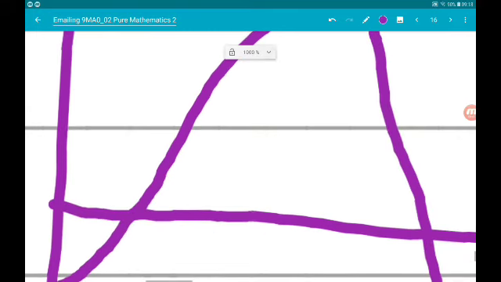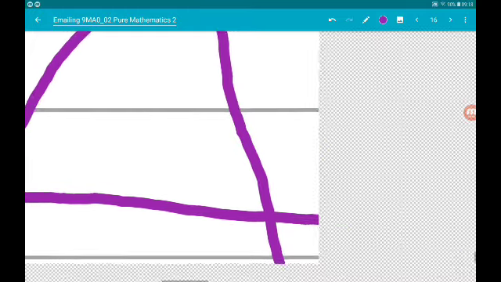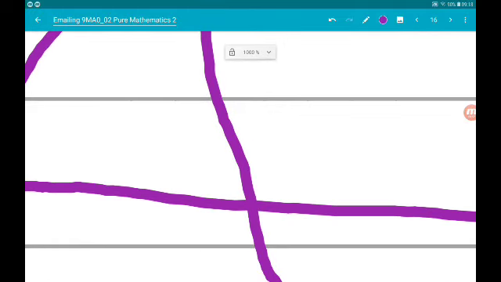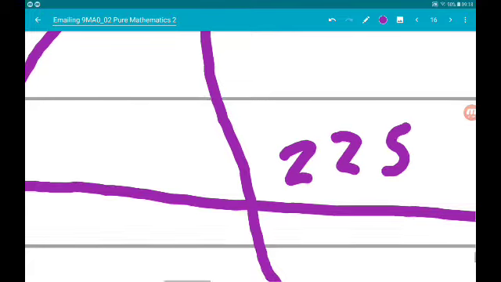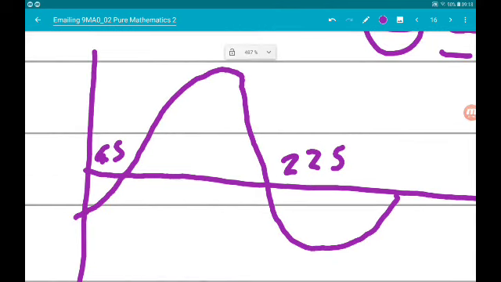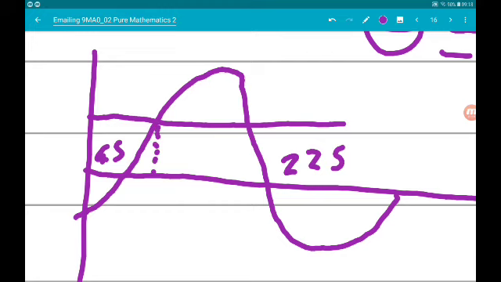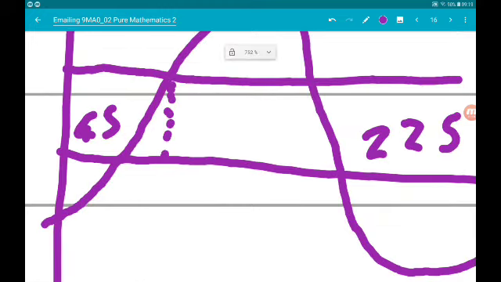So this x-intercept is at 45, and this x-intercept is at 225. Now, we know that our first solution here is 61.4.